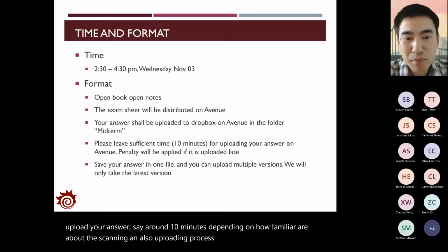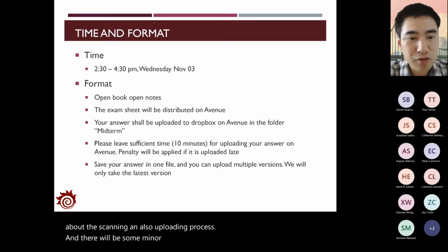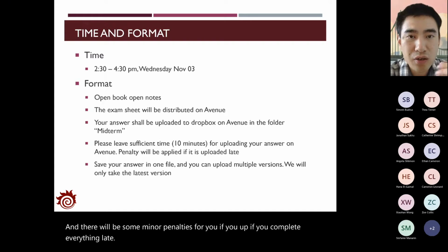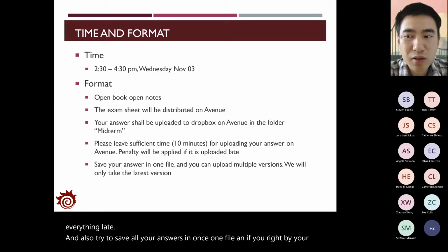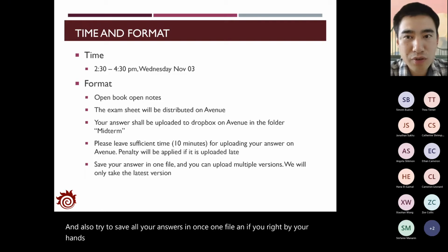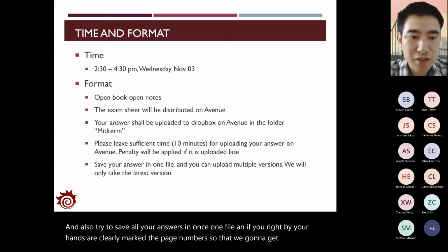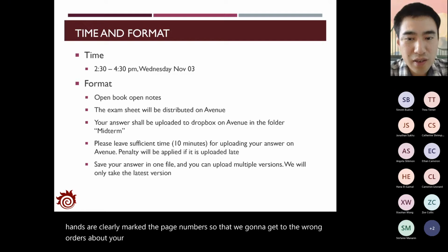There will be some minor penalties if you complete everything late. Also try to save all your answers in one file. And if you write by hand, clearly mark the page numbers so that we don't get the wrong order of your answers.